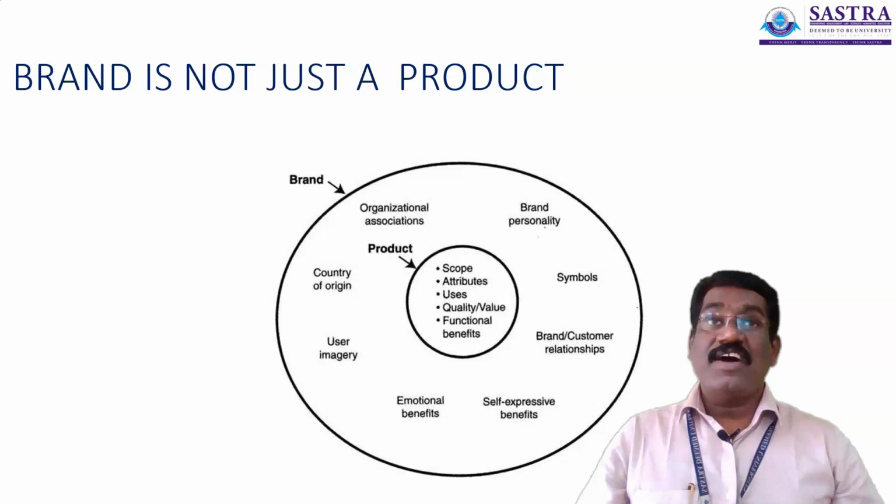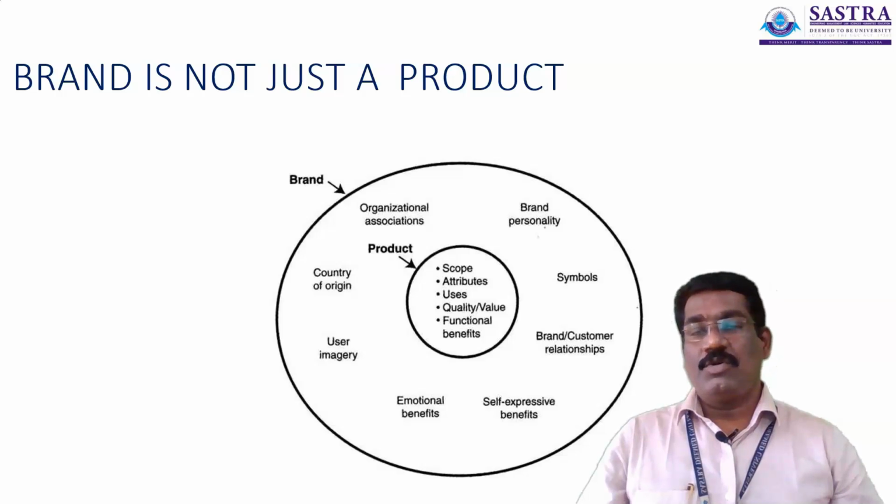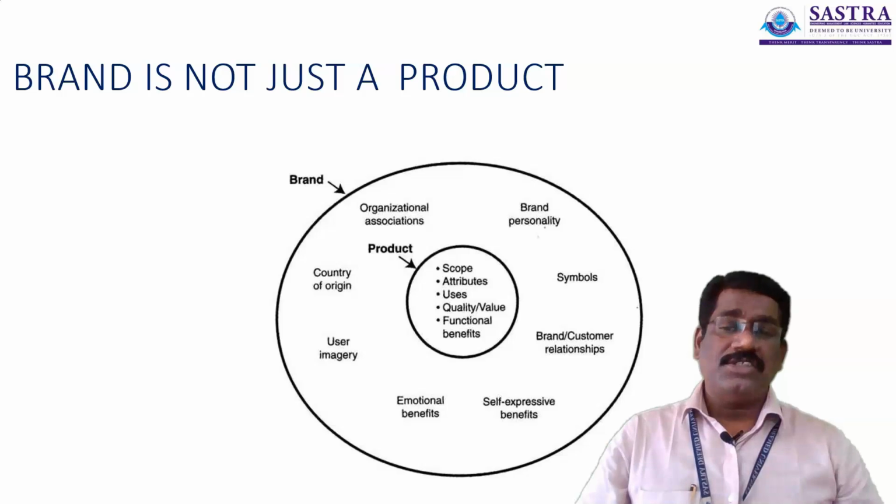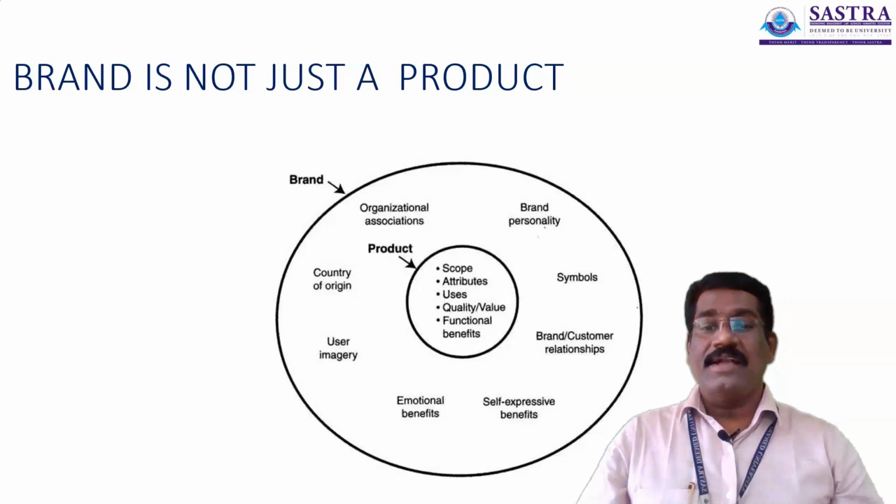And also there are certain functional benefits I should look for. For example, I drive a Maruti car because of the mileage function. Do you understand? Per liter, it gives more mileage. So that's why I go for that particular brand called Maruti. So, a brand is not just a product, it is more than that.